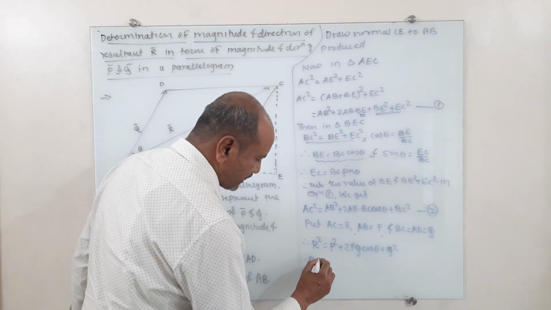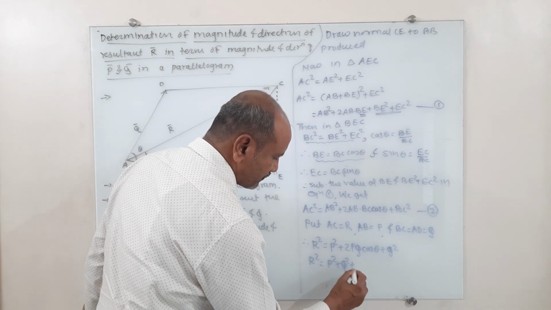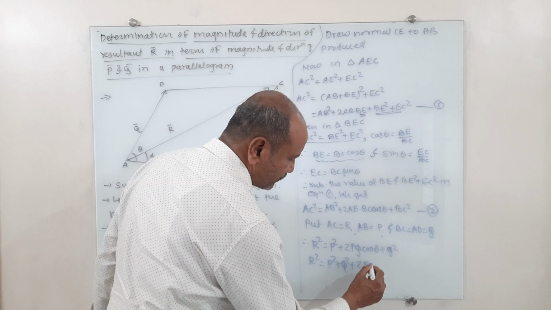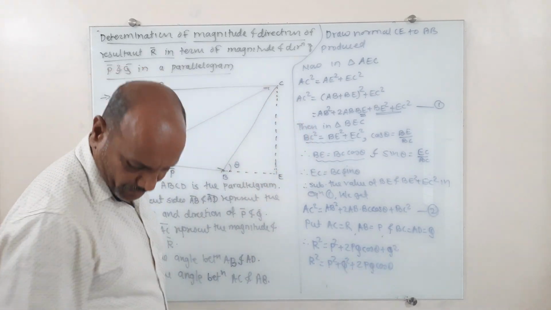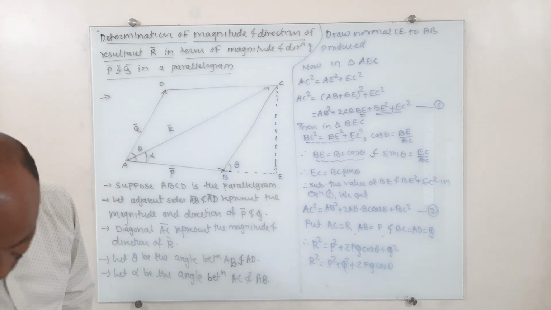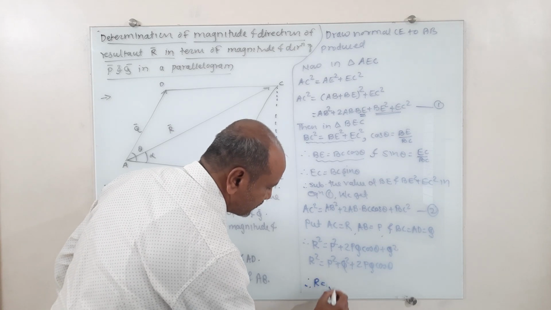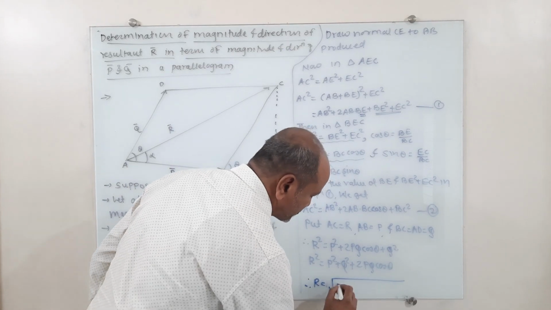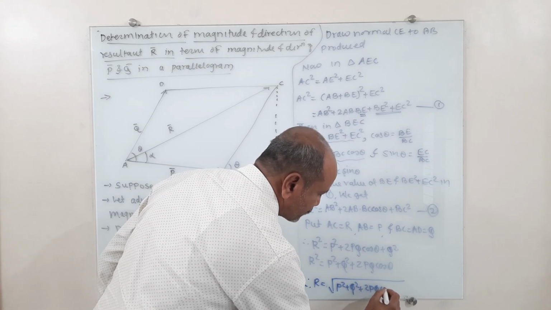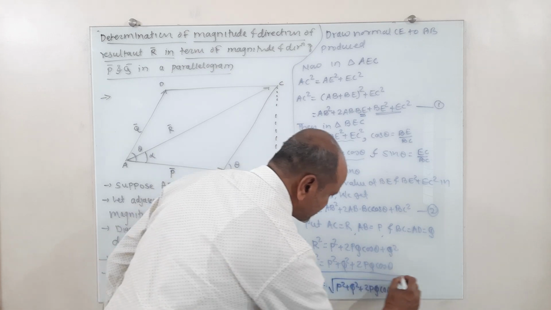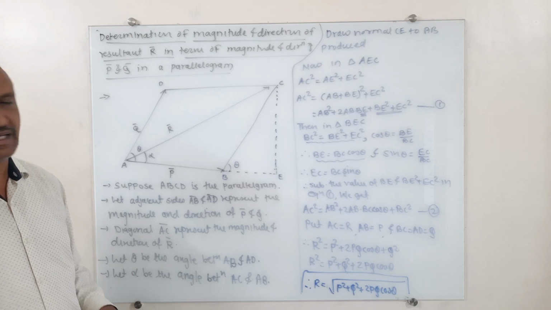Finally, R square is equal to P square plus Q square plus twice PQ cos theta, and therefore R is equal to under root P square plus Q square plus twice PQ cos theta. This is the magnitude of resultant vector R.